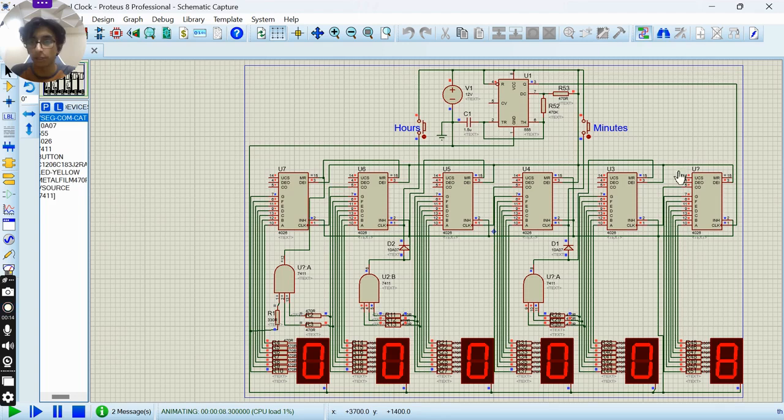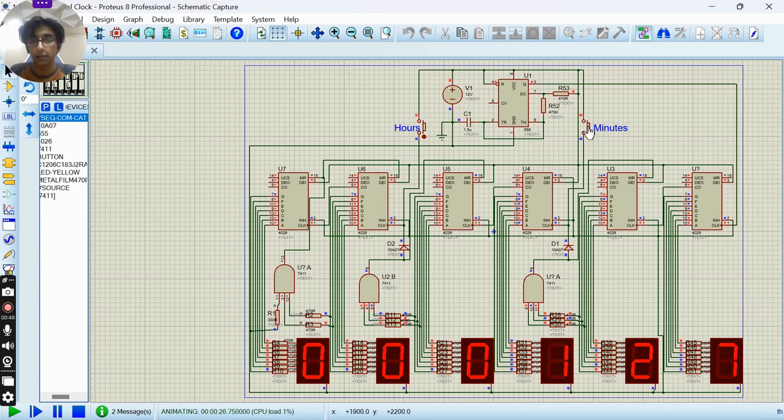From this onwards, the output of the first 4026 IC is given to the BCD 7-segment display, and the 1 Hz clock pulse is being transmitted to each of these 4026 ICs, through which the entire circuit is transmitting a 1 Hz pulse at 1 second intervals of time.